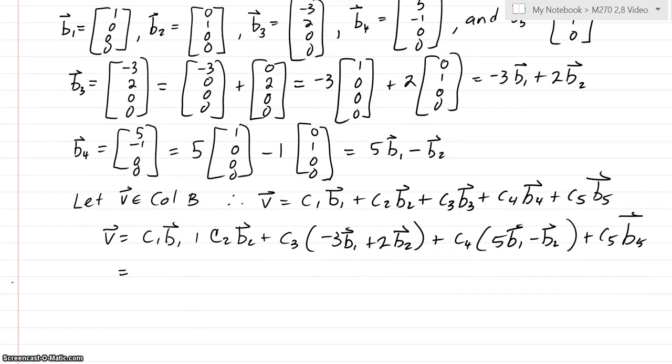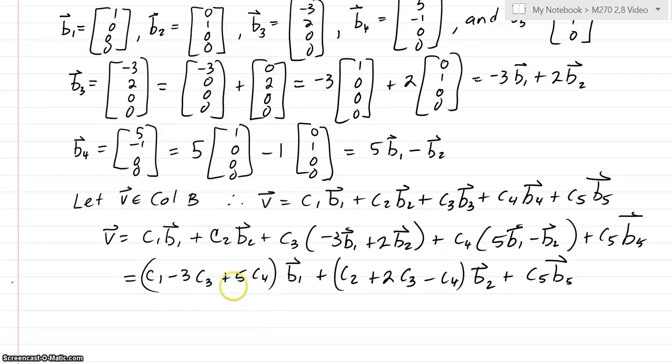Now we only have a linear combination of B1s, B2s, and B5s, where the pivots were. Let's rewrite this, combining all the B1s, all the B2s, and the B5, so you can clearly see this is a linear combination of just B1, B2, and B5.